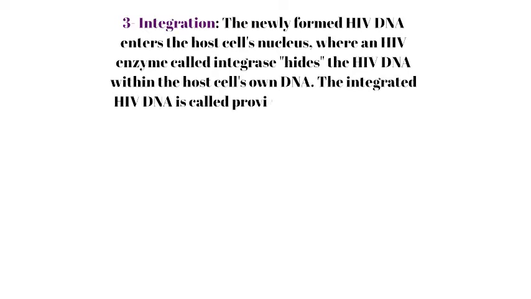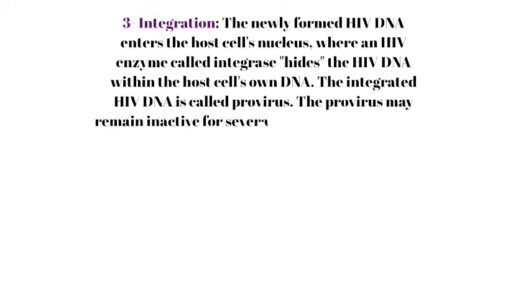So now we are looking at the integration of the HIV DNA with the host DNA. The integrated HIV DNA is what we call a provirus. The host DNA has now been combined with the HIV DNA within the nucleus.